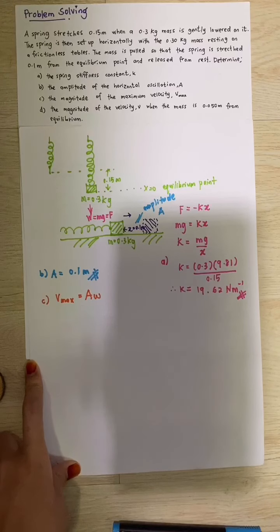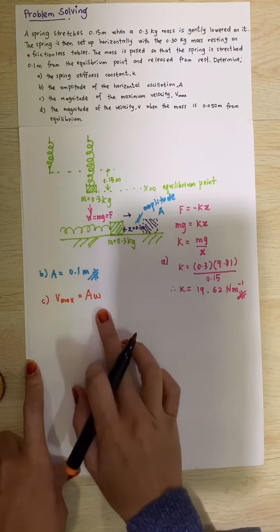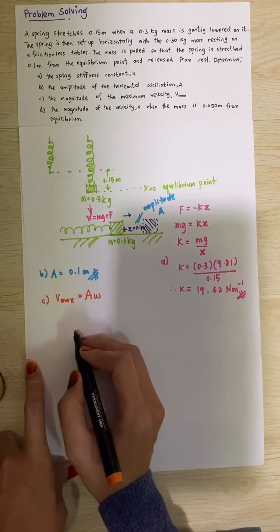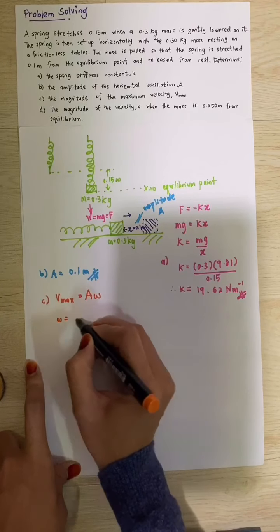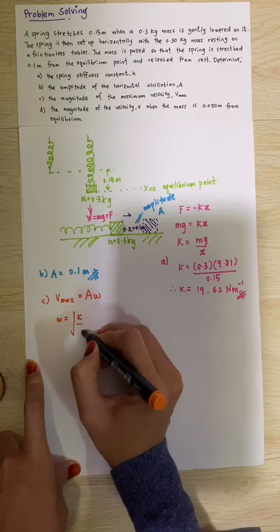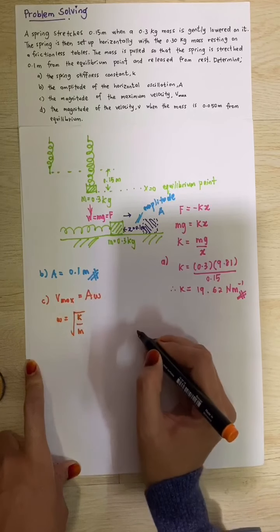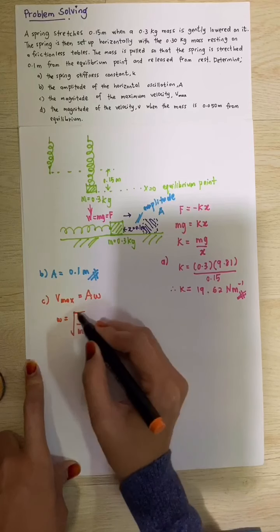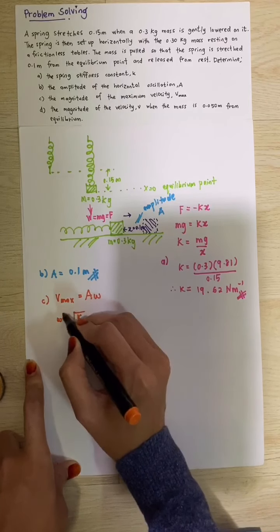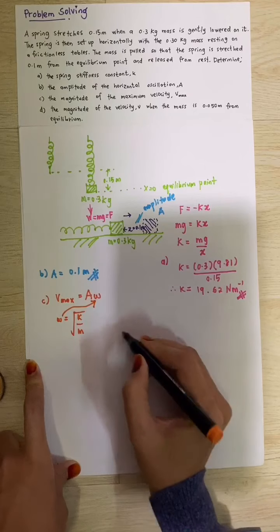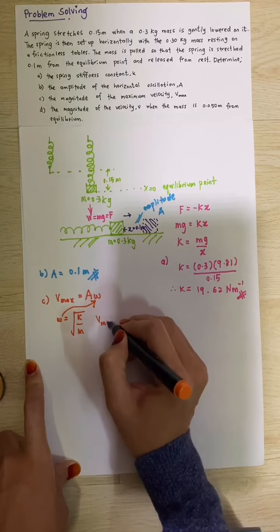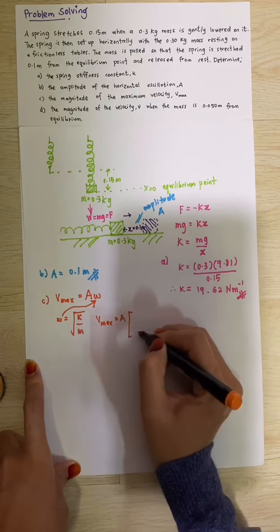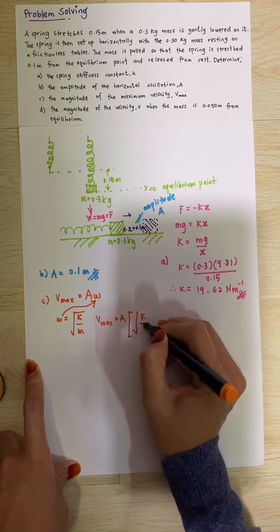The other formula you can use is omega equals square root of K over M. So we substitute omega: V maximum equals A times square root of K over M.